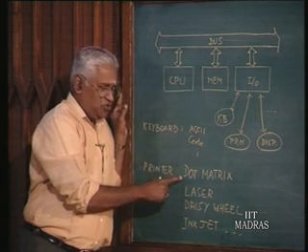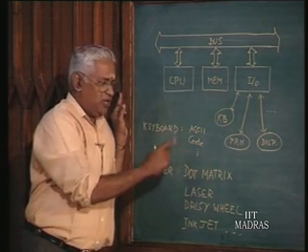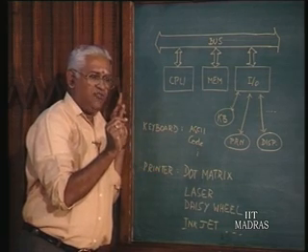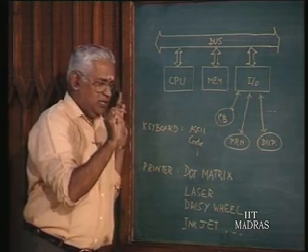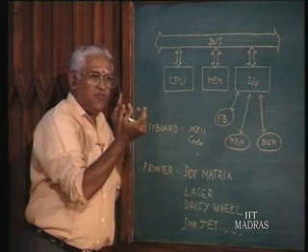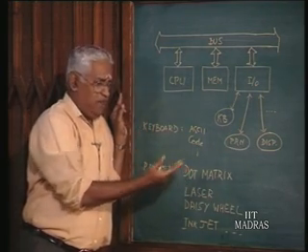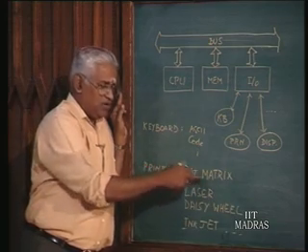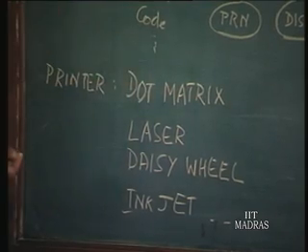Now, for instance, if you take dot matrix printer, the information that will be sent can be as low as one dot or one point. Even a particular letter or a character in English can be formed with a 5 by 7 matrix, that is why it is called dot, 5 by 7 dots forming a matrix.